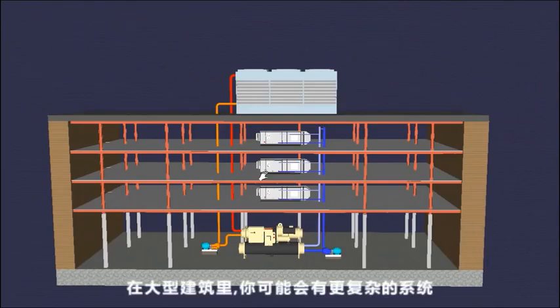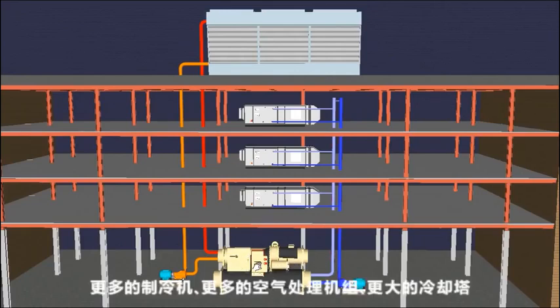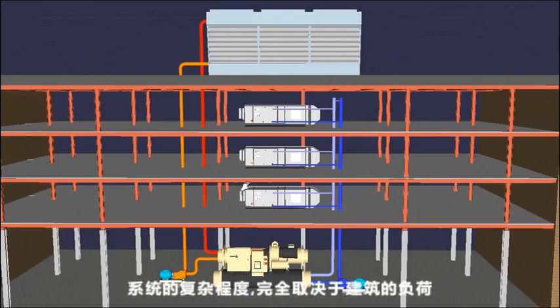On larger buildings, you're more likely to have a much more complex system than this. You'll have 2, 3, 4 chillers, maybe even more than that, and a lot more air handling units and cooling towers, or bigger cooling towers. And the complexity of the system is completely based on the load of the building.